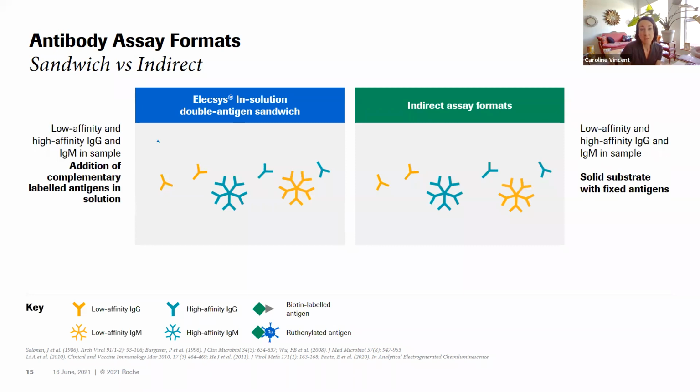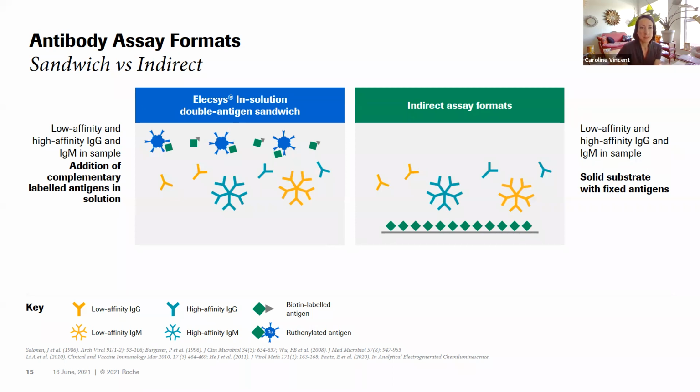And then both assay formats, of course, must use an antigen as part of their content in order to capture and detect antibodies that are present in the sample. So in the case of the double antigen sandwich assay, the complementary antigens to the antibody will be labeled with biotin or ruthenium.